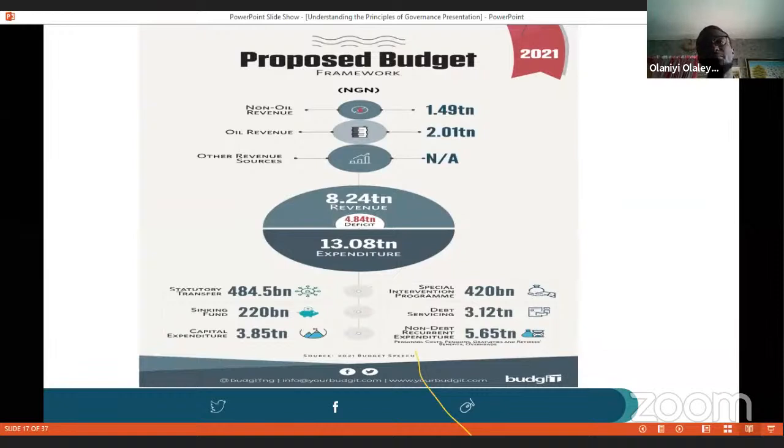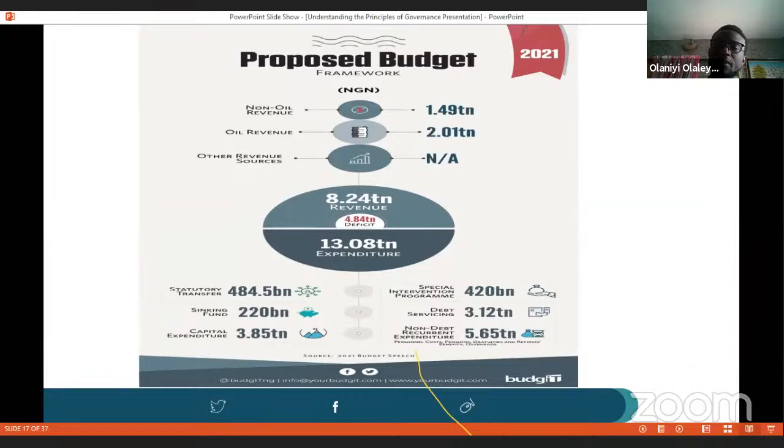What they get from the executive, from the federal government, is just the bulk of the money, the chunk. They are supposed to do their own breakdown of how they want to spend the over 120 billion allocated to them. But as of now, the National Assembly of Nigeria, I will say it again, has never made their budget known to the citizens that they are representing. Never made it public.